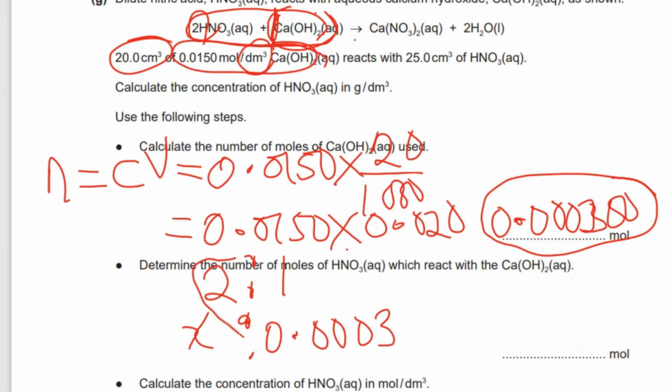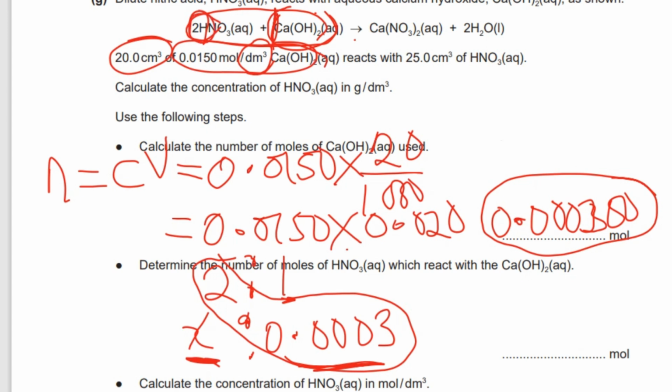It will be 2 times what calcium hydroxide has. If this is the mole of calcium hydroxide, then that of the nitric acid will be doubled. That is the information we get from the balanced equation.